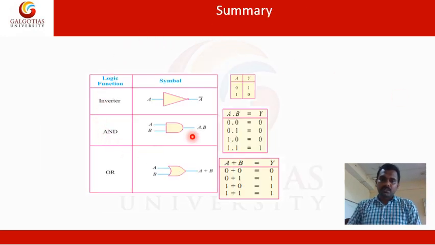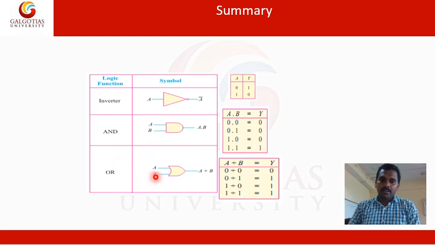Okay, this is a summary of the three basic logic gates. The inverter will invert the input and the output will be the complement of the input, so it is also called inverter gate. AND gate will multiply the two inputs basically, and the output will be 1 only when both the inputs are 1.